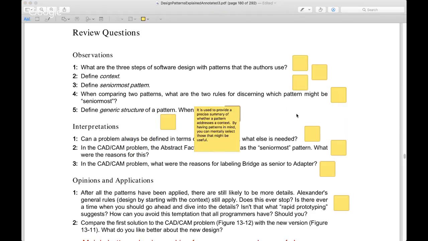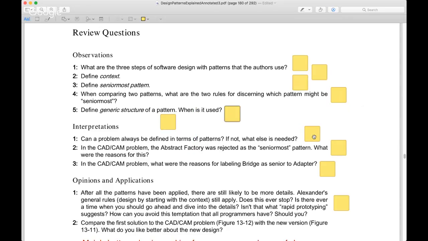And when is it used? It's used to provide a precise summary of whether a pattern addresses a context. So by having these patterns in mind at the generic structure level, you can mentally select those that might be useful.